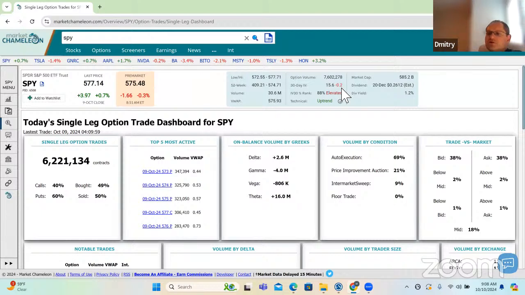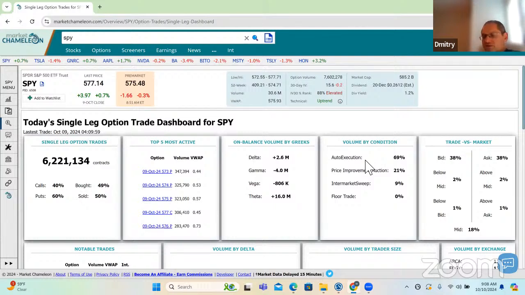And what this particular page does is it looks at all the options trades in the stock that you select, and then it puts the options trades into buckets where you have single leg trades like buying or selling a call or put, and it separates those from the multi-leg trades and contingent trades.